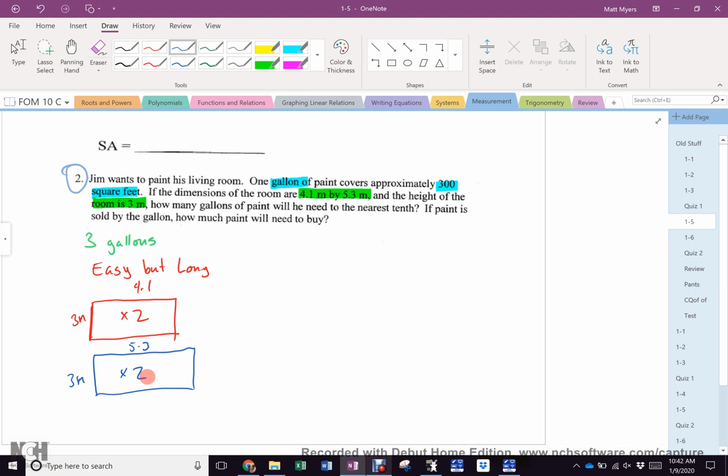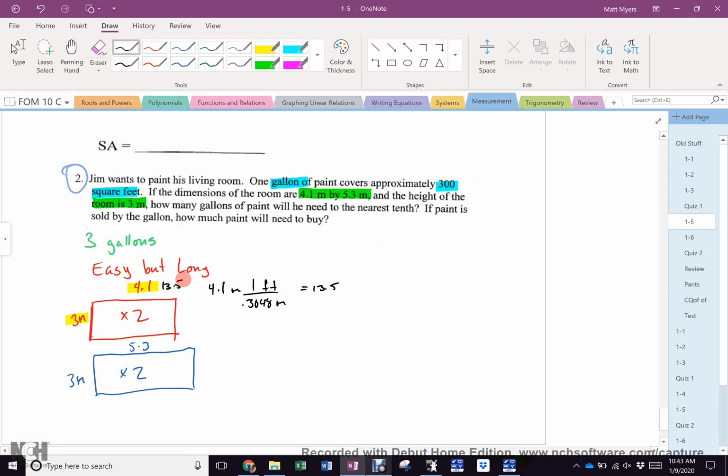Now, in the easy but long way, I should convert that and that to feet. Everybody understand? How do I do that? 4.1 meters. I want feet. So feet goes up here. 1 foot is 0.3048 meters, right? So it's divided by, agreed? So 4.1 becomes 13.5 feet. So this is now 13.5.